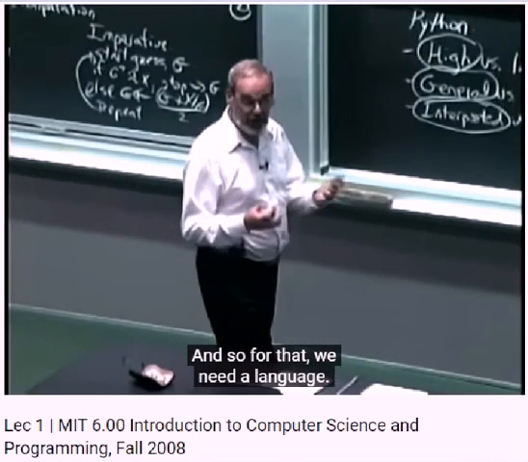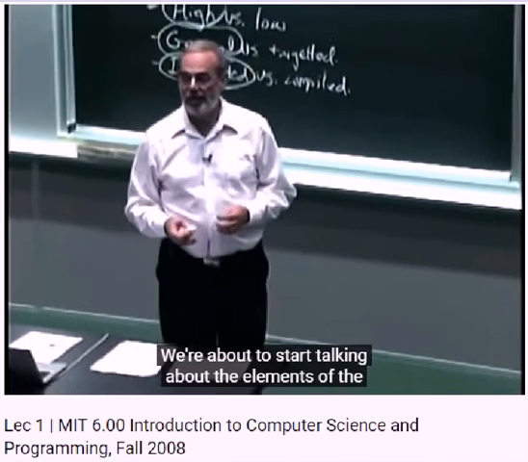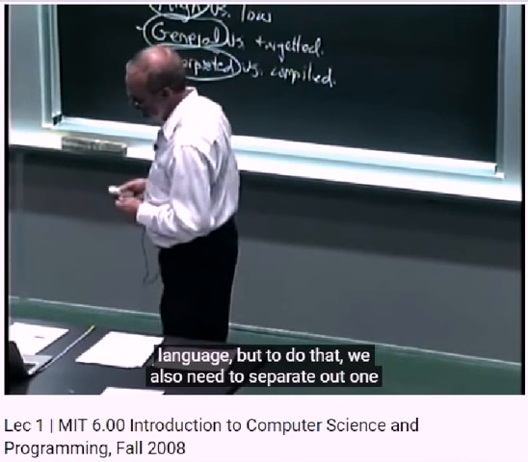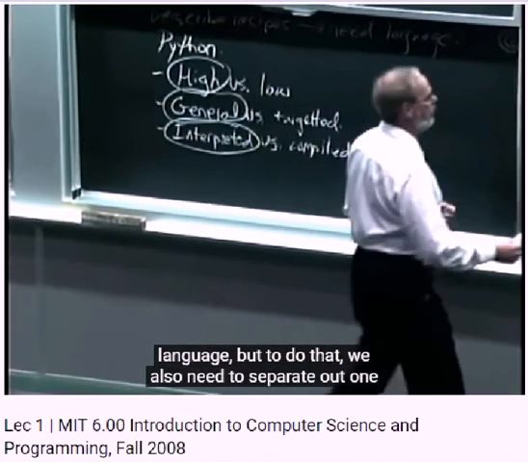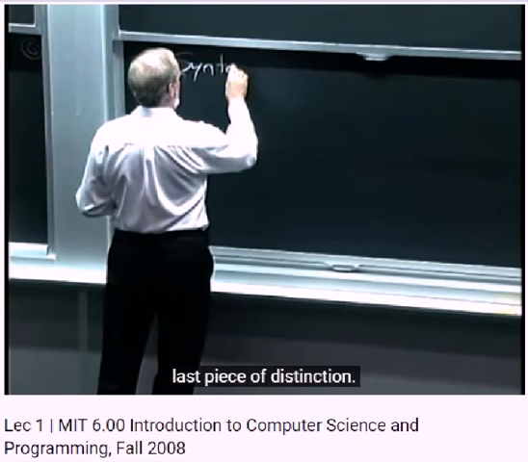And so for that we need a language. We're about to start talking about the elements of the language, but to do that we also need to separate out one last piece of distinction.